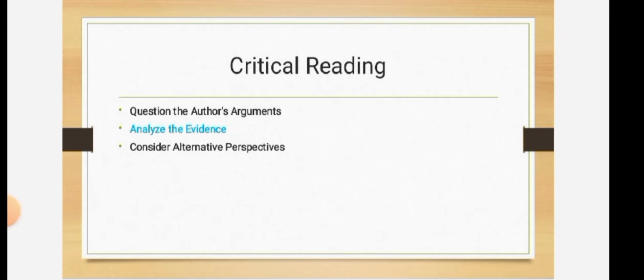Assess the quality of the evidence. Is it reliable and sufficient to support the claims? This helps you judge the validity of the arguments. Consider alternative perspectives. Think about other ways to view the topic. Considering different perspectives broadens your understanding and helps you form a more nuanced opinion.